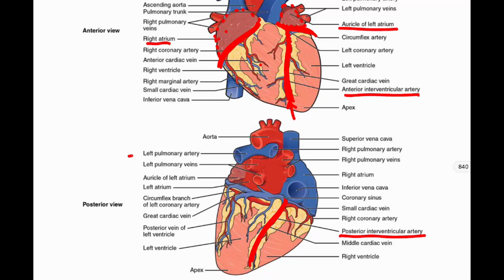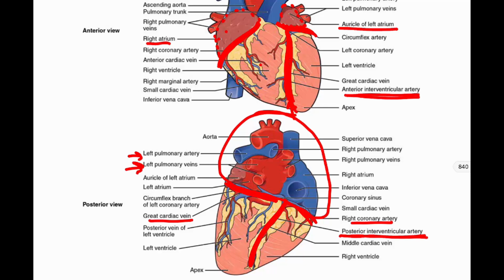Down here we have things like the great cardiac vein, which is going to be in that coronary sulcus going around. Our right coronary artery is there as well. And then, as we mentioned, our posterior interventricular artery, and on the front, our anterior interventricular artery. It also includes our great cardiac vein. Okay, so we have our arteries and our veins.